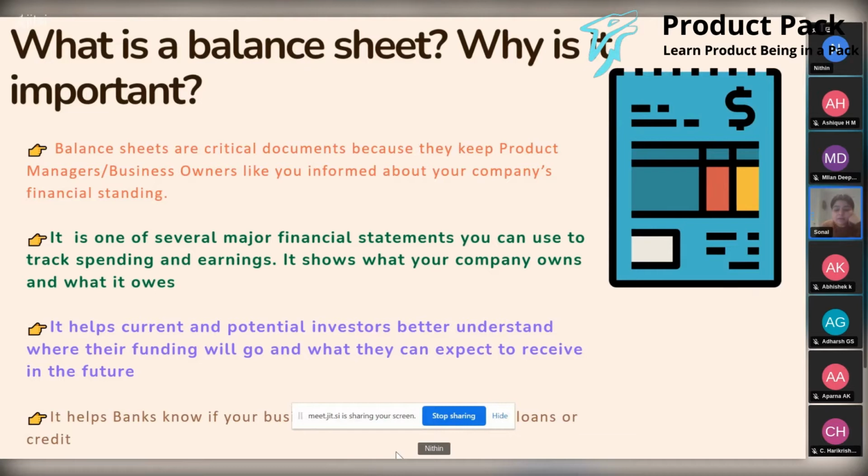Because at the end of the day, as a product manager, you may not be an accountant, you may not be completely well equipped to understand the balance sheet, but you will be heavily talking about it when you're talking to your leader, when you are giving a background about your decision, about why you went ahead with it.